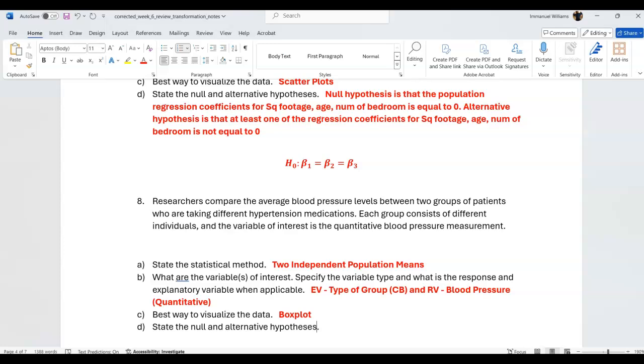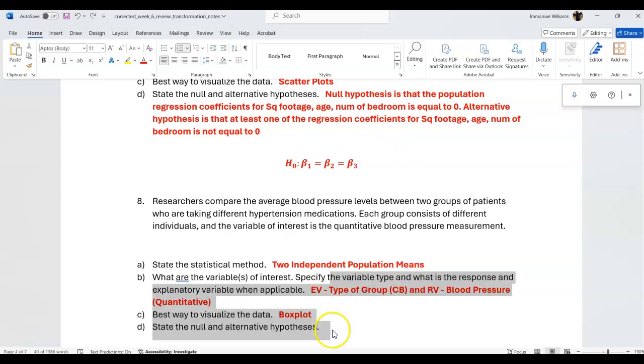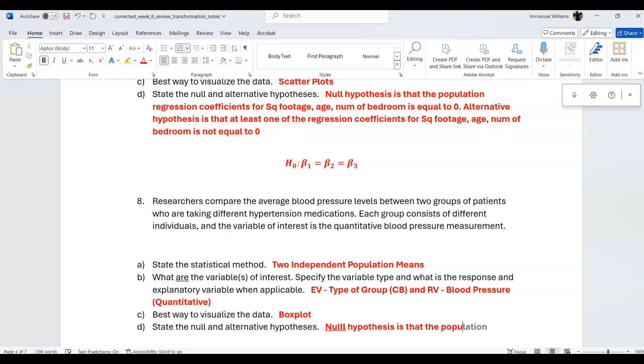The null hypothesis is that the population mean of blood pressure is the same for both groups.